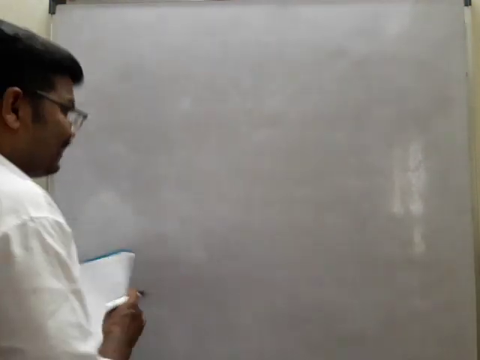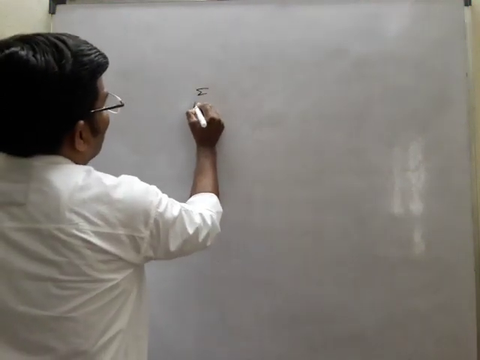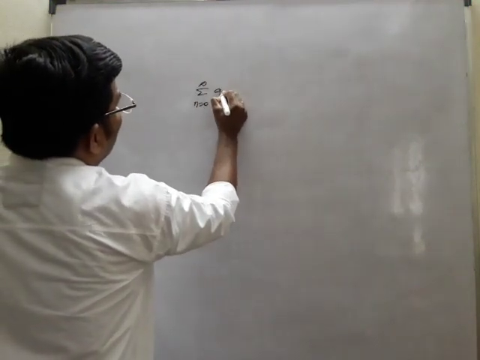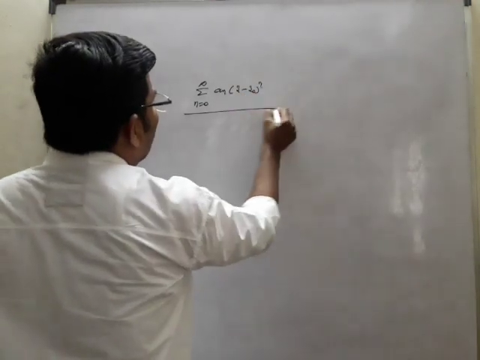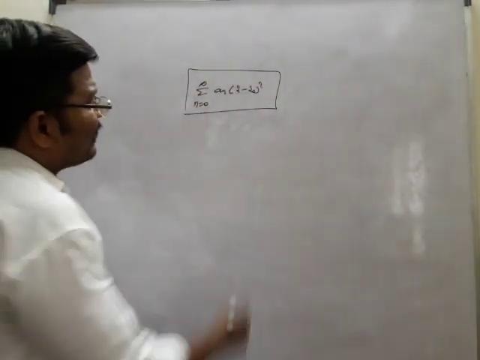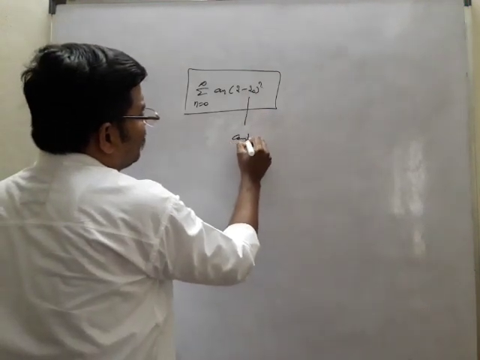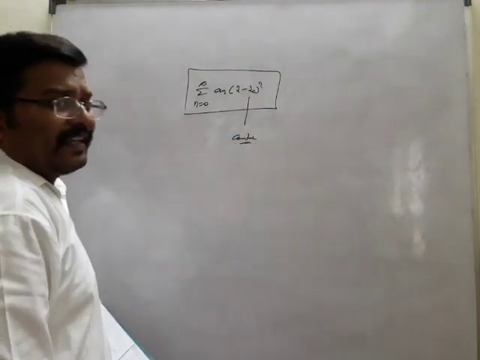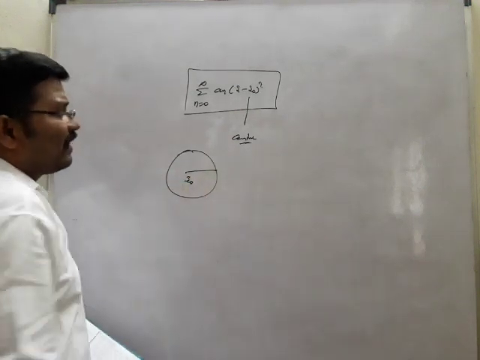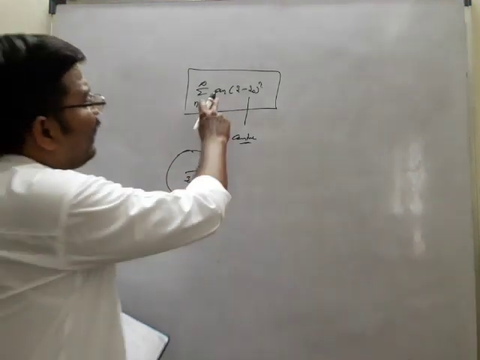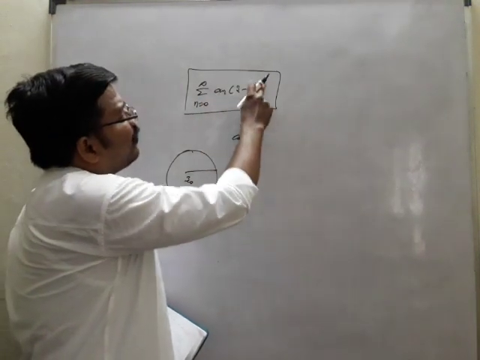The series definition says: summation n equals 0 to infinity of an times z minus z naught whole power n is called a series, and z naught is called the center of the circle. If you take a circle, z naught is the center, an is the coefficient, and z minus z naught whole power n.